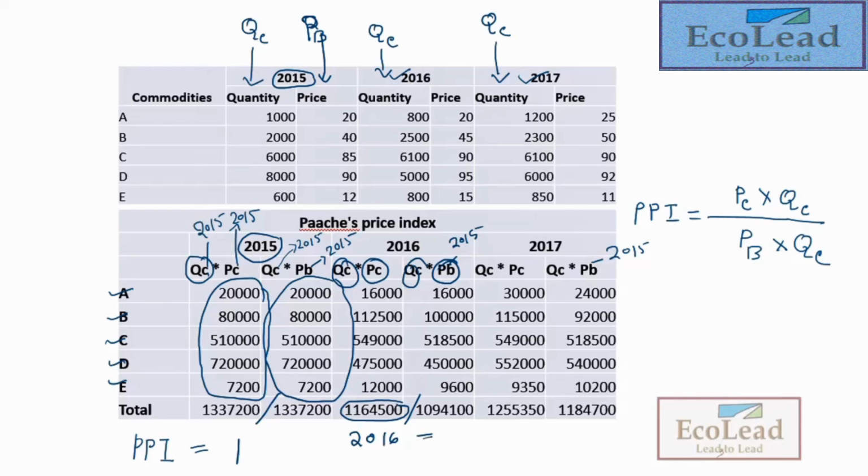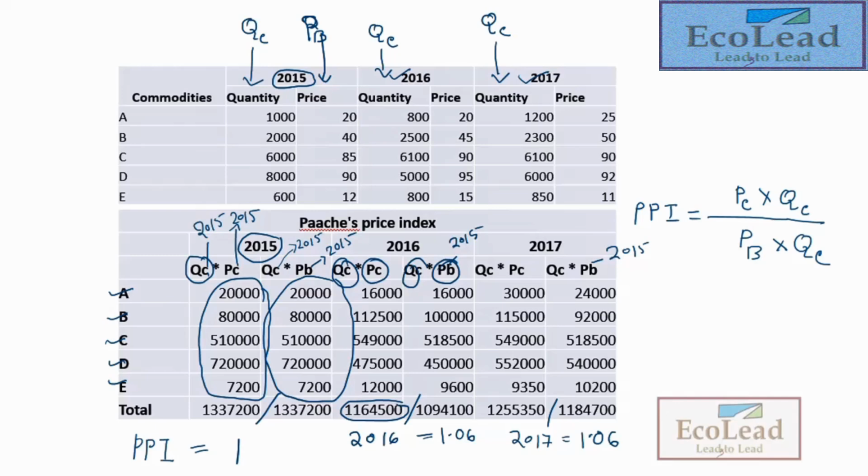So here the value will be 1.06. Again, similarly, we can calculate the purchase price index for 2017, and the value will be 1.06. Now you can see that the values of the purchase price index are quite similar for the years that we have calculated. It has not changed much. That means the producer's price index has not changed much over the period of time.